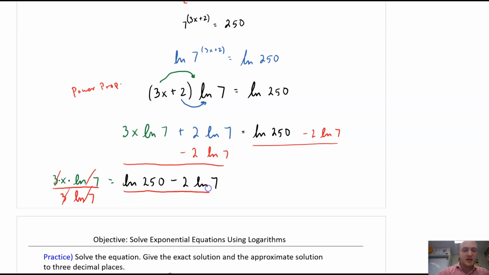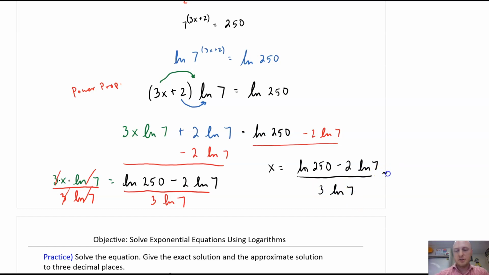So what you do to one side, of course, we have to do to the other. And we get our exact solution here. X is equal to the natural log of 250 minus 2 natural log of 7 divided by 3 natural log of 7.